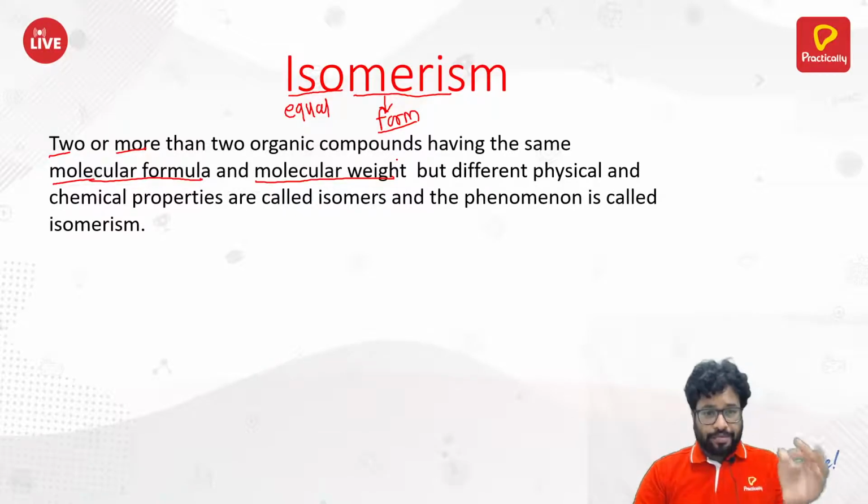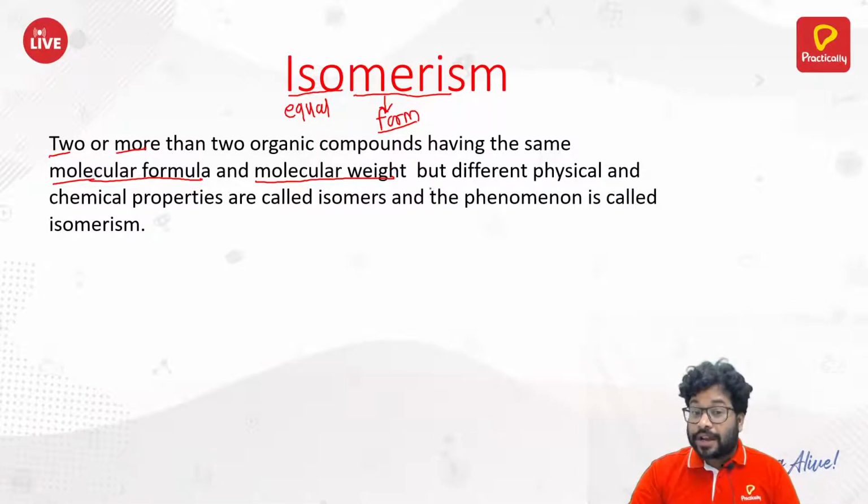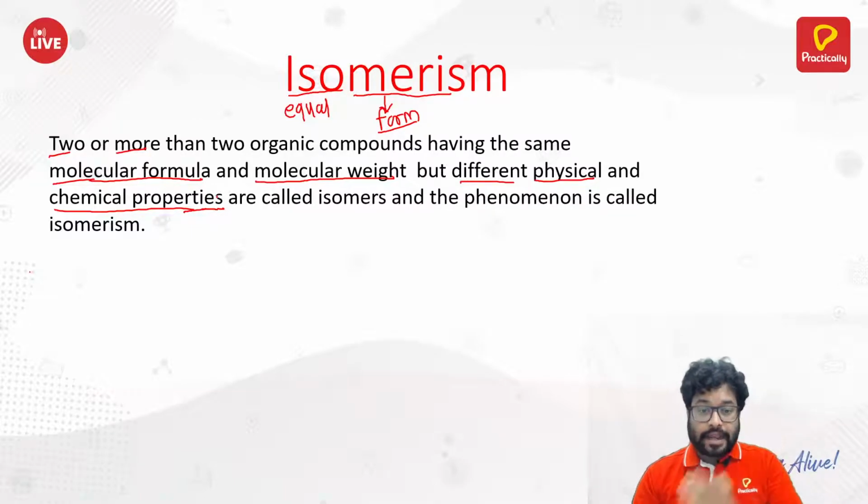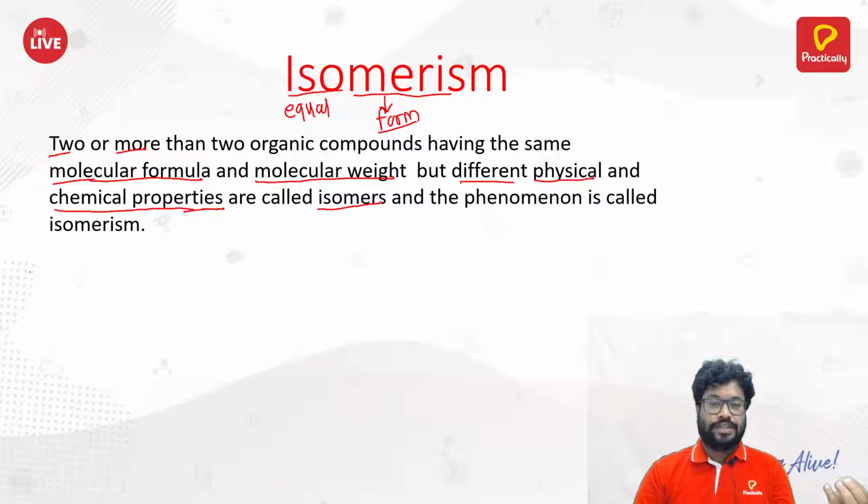So two or more organic compounds having the same molecular formula, same molecular weight, but different physical and chemical properties, such compounds are called isomers, and the phenomenon is called isomerism.